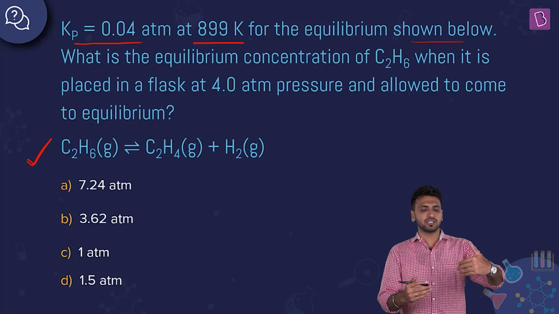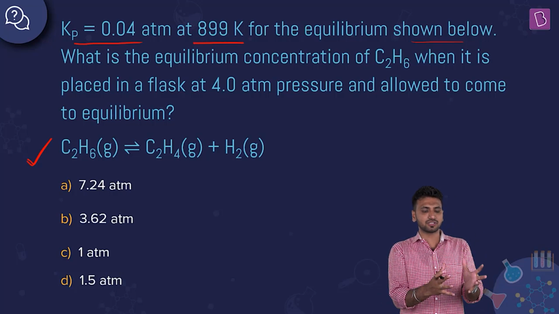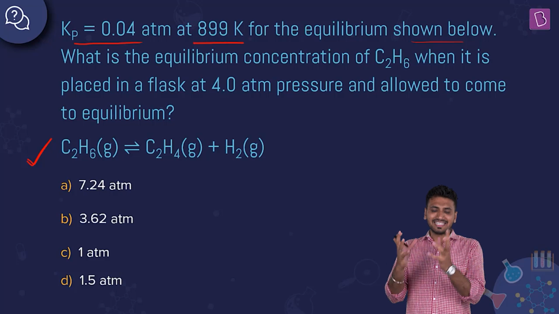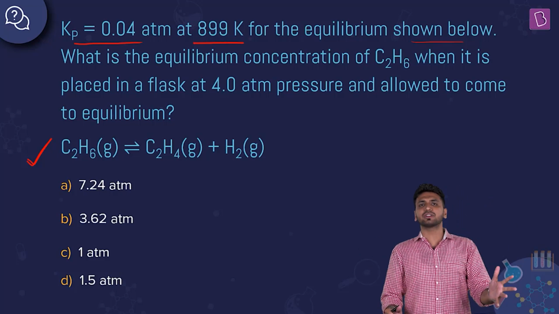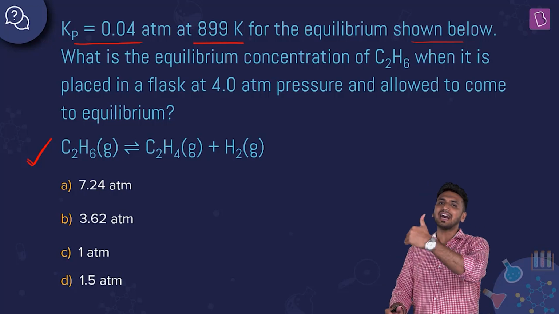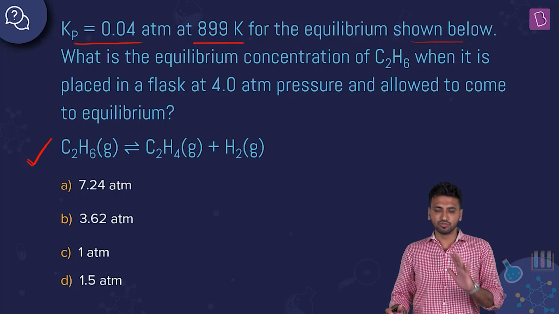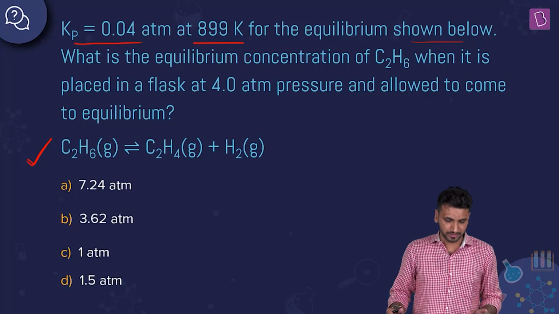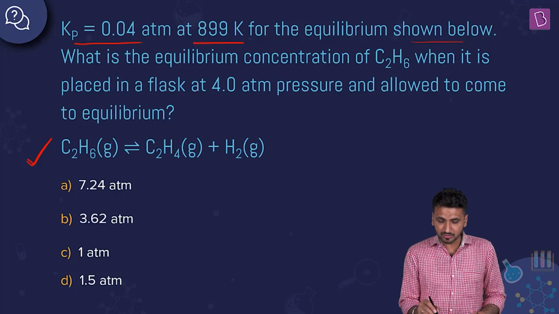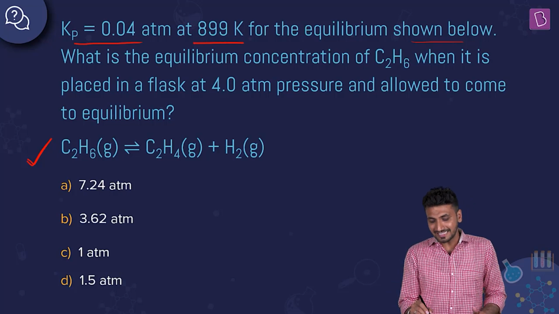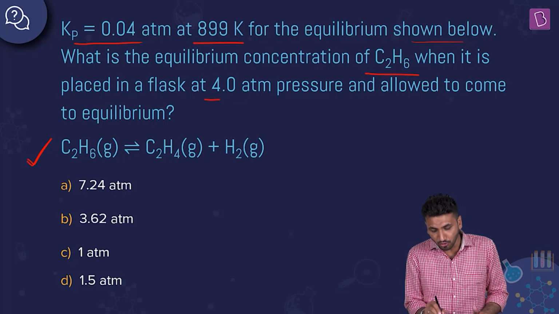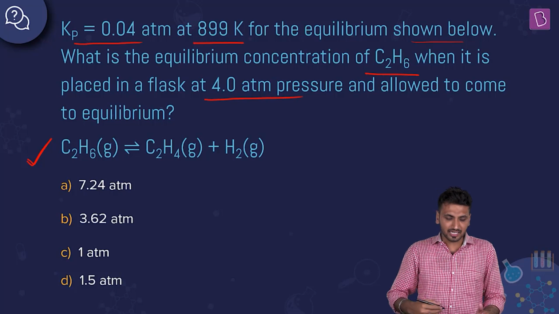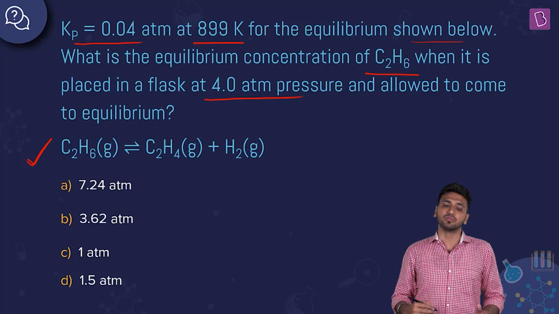This reaction is ethane in the gaseous state converting into ethene and hydrogen in the gaseous state, a saturated hydrocarbon converting into an unsaturated hydrocarbon with the removal of hydrogen gas. What is the equilibrium concentration of ethane when it is placed in a flask at 4 atm pressure and allowed to come to equilibrium?